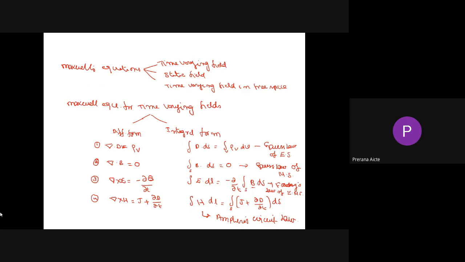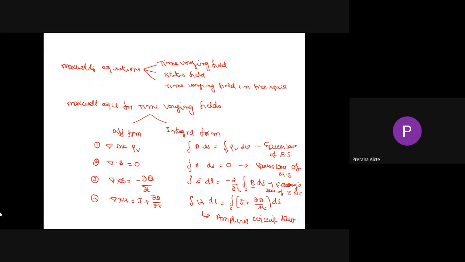In the differential form, I can recall all the equations: del dot D is equal to rho V, del dot B is equal to 0, del cross E is equal to minus dou B by dou T, and del cross H is equal to J plus dou D by dou T. Whereas in the integral form, we take the corresponding integral form of the differential form equations, just adding the integrations on both sides.